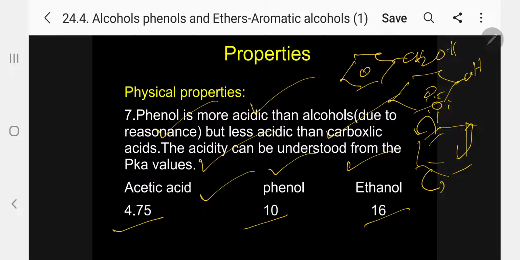Kindly follow. The important information is: the lower the pKa value, the higher the acidity. So when you compare acetic acid and phenol, acetic acid is more acidic than phenol. But when you compare phenol and ethanol, phenol has the lower value and ethanol the higher value, so phenol is more acidic than ethanol.